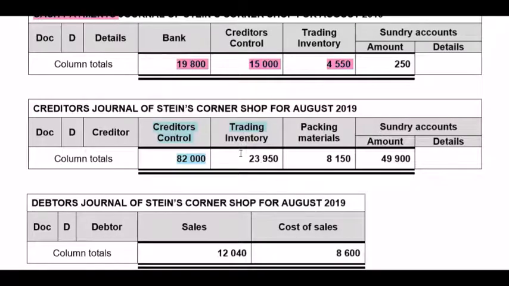Then the next column in the CJ is trading inventory, 23,950 Rand. What this means is that we've bought 23,950 Rand worth of products on account. But we've bought them, so now we've got more products. So this value must go to the side where trading inventory increases.